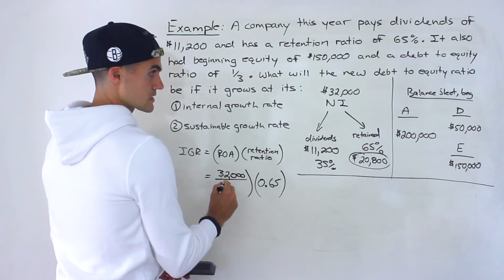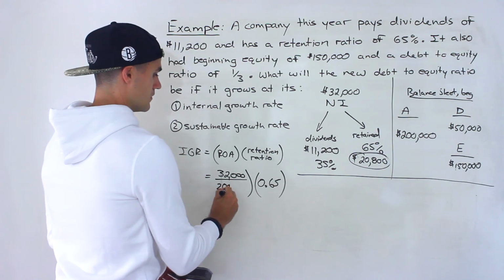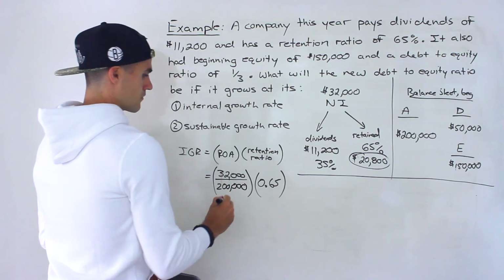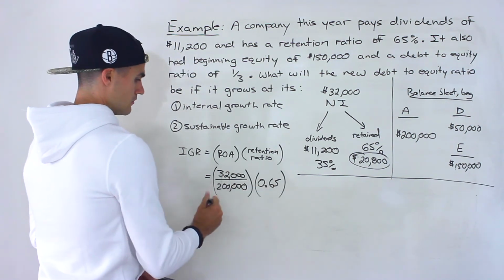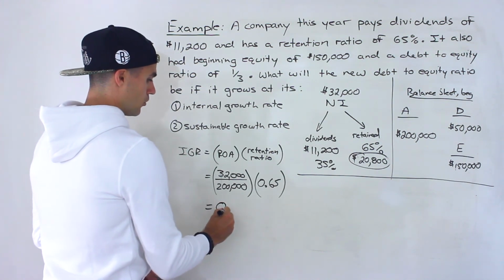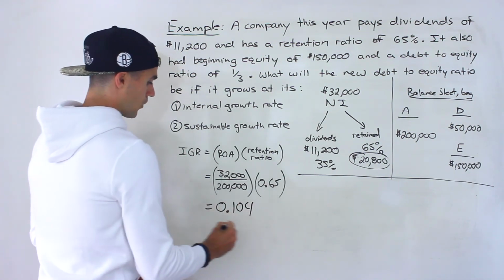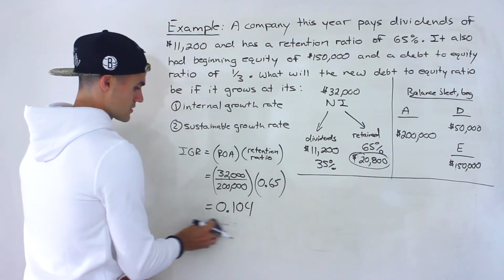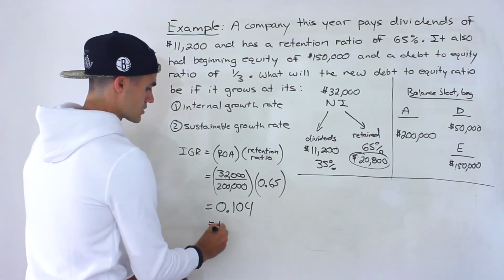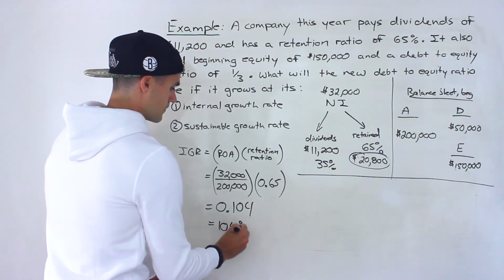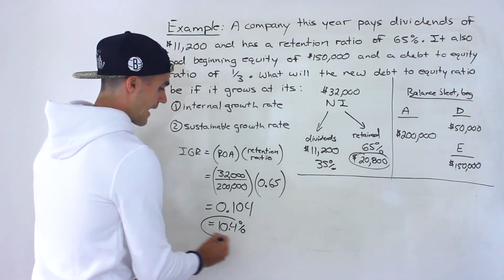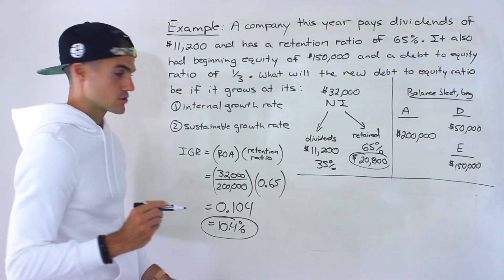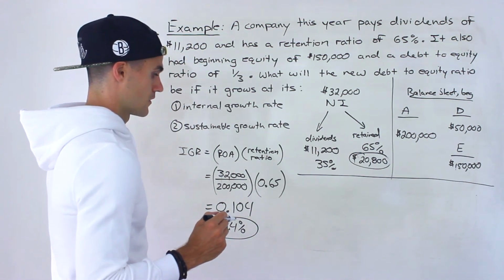The beginning assets, 200,000. And so multiplying all of this, we would end up with 0.104 or 10.4%. Sorry, that's not a dollar amount, that's a percentage. So that is the internal growth rate.